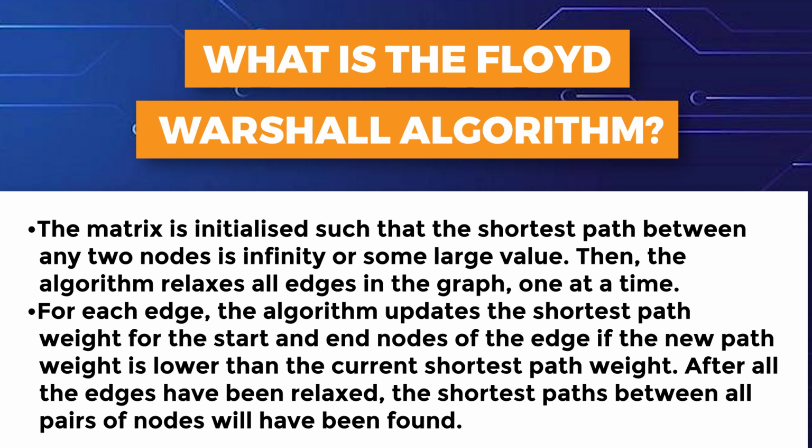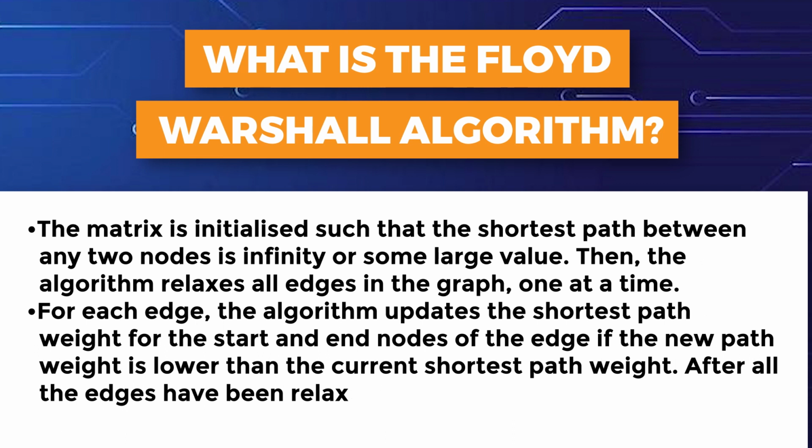For each edge, the algorithm updates the shortest path weight for the start and end nodes of the edge if the new path weight is lower than the current shortest path weight. After all the edges have been relaxed, the shortest paths between all pairs of nodes will have been found.